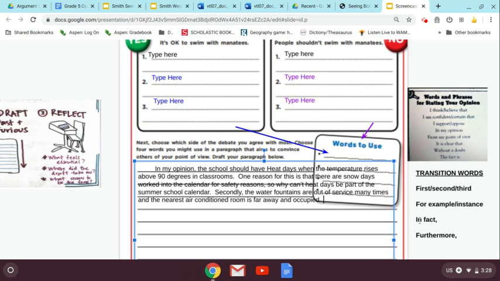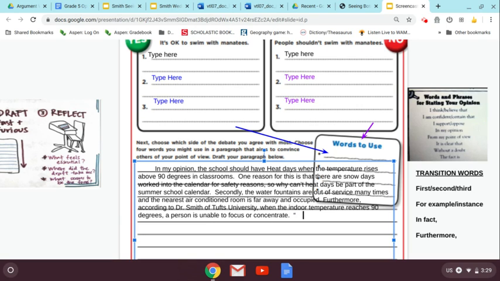Look over here at transition words. Furthermore, according to Dr. Smith of Tufts University, when the outdoor temperature reaches indoor temperature, 90 degrees, a person is unable to focus or concentrate.